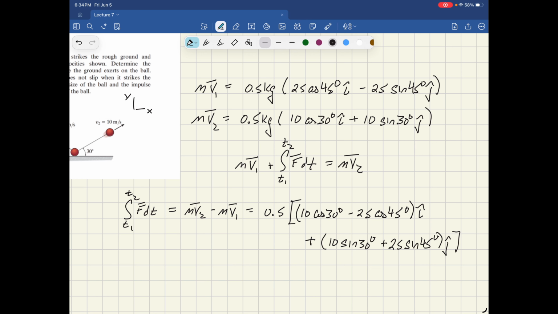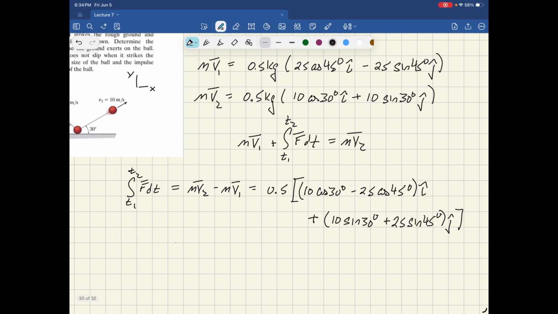Evaluating both of these, this will be equal to 0.5 times negative 9.017 I plus 22.68 J.